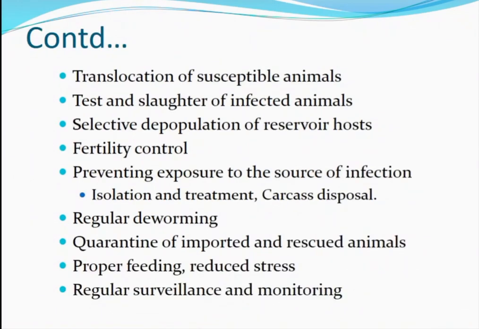Now these can be done by translocation of susceptible species, doing a test and slaughter strategy, which is not usually acceptable when it comes to a wildlife setting, but you may be forced to do. Then selective depopulation may be required, fertility control may be required, especially when you look at the enclosed captive deer population.